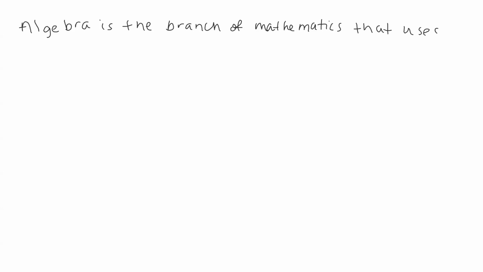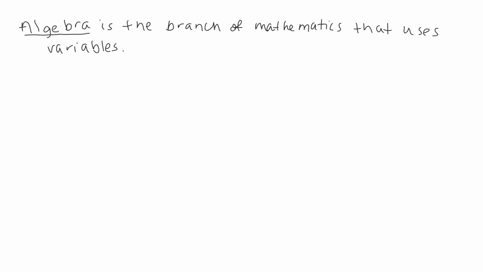Now, to be very, very clear, this is a super general definition, okay? So there's a whole lot that goes on with algebra, but just so we have a general understanding of where we're at in our path and our adventure with mathematics, we're at the point where we're going to start seeing the alphabet in math. So algebra, that's where you start seeing the alphabet.